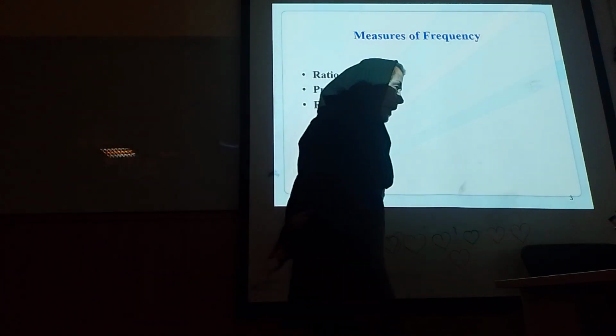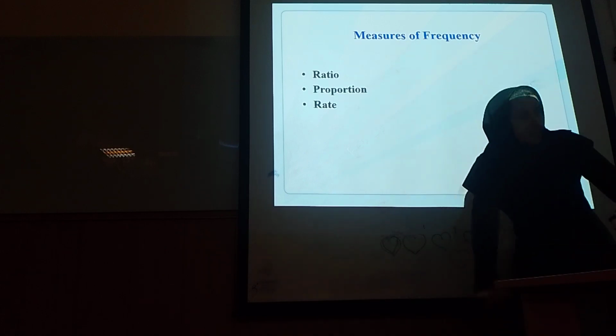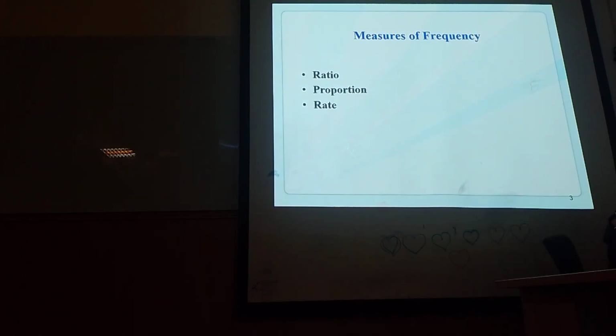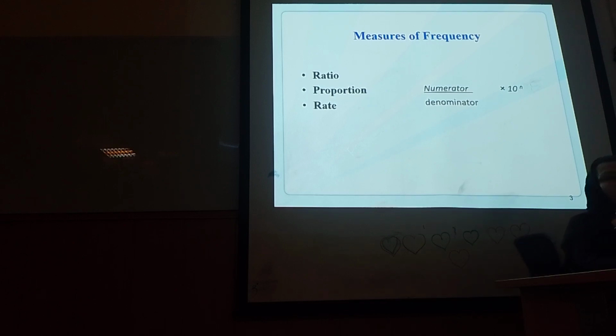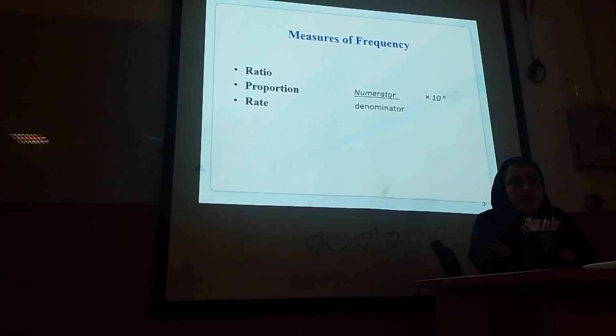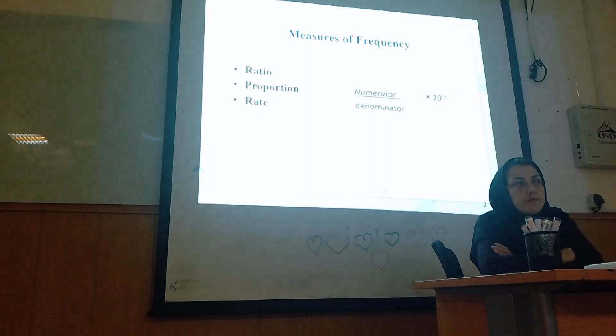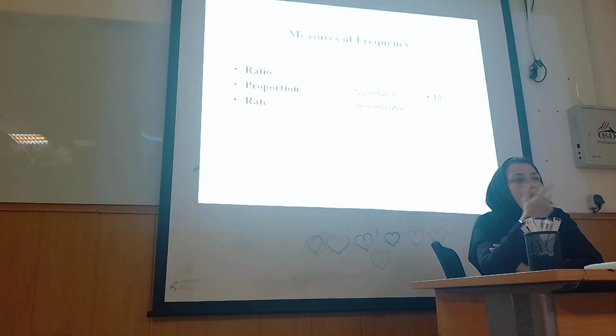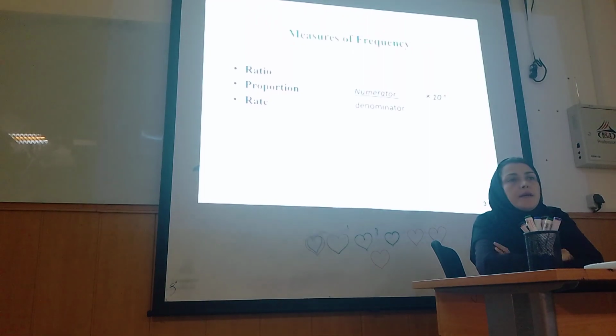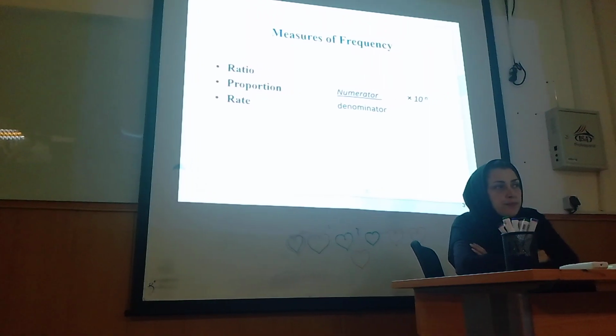We will explain again. For these three measures, we have a numerator and a denominator. What does it mean? If I ask you about the number of students in the class, you may respond, for example, we are 20 in this class.